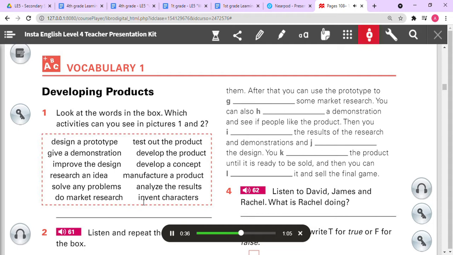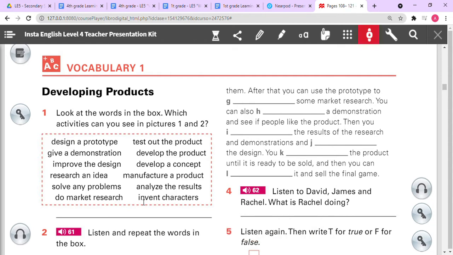Research an idea. Manufacture a product. Solve any problems. Analyze the results. Do market research. Invent characters.